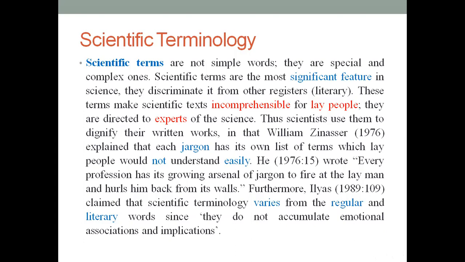For example, if you ask anyone what is the meaning of automobile, actually, most of the students or most people can't understand it because it is not a simple word. It is a complex word. Why? Because it is related to a specific science, which is literature.